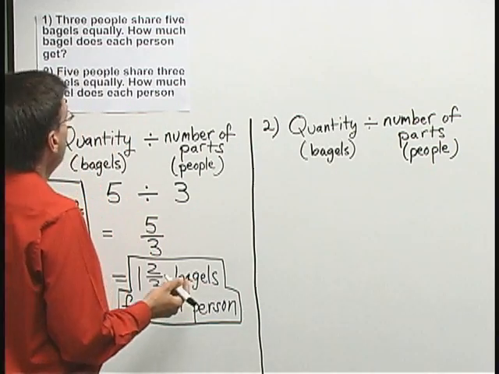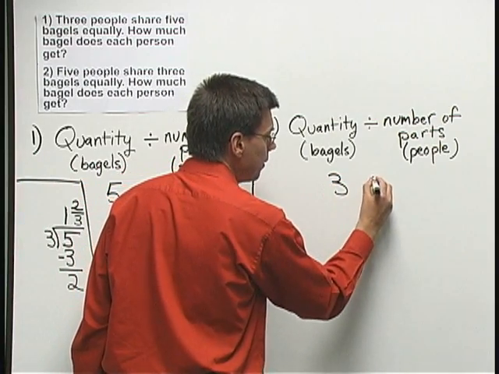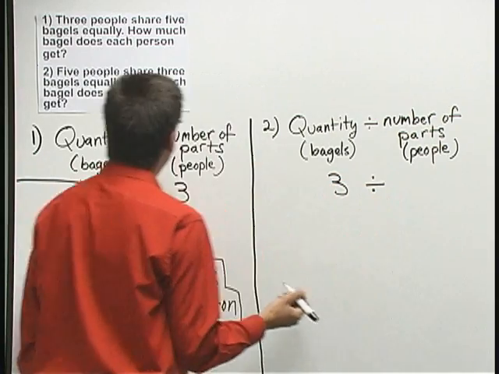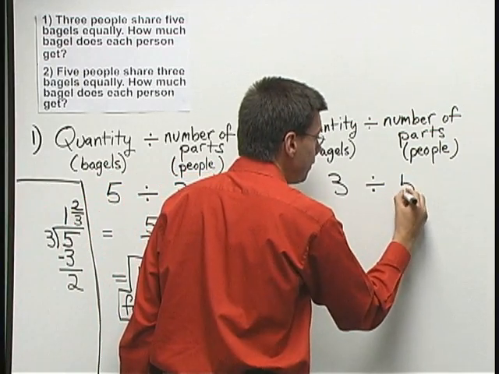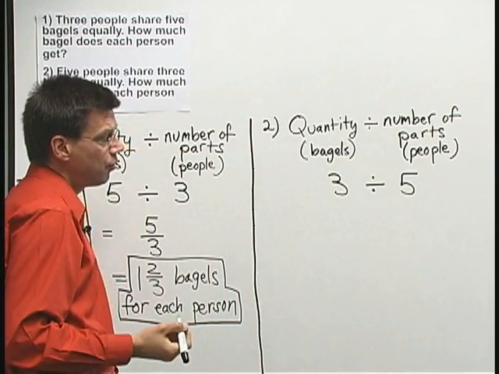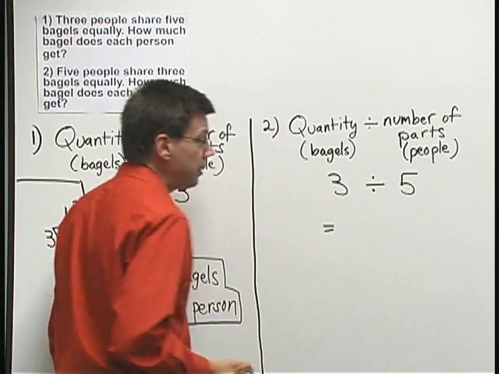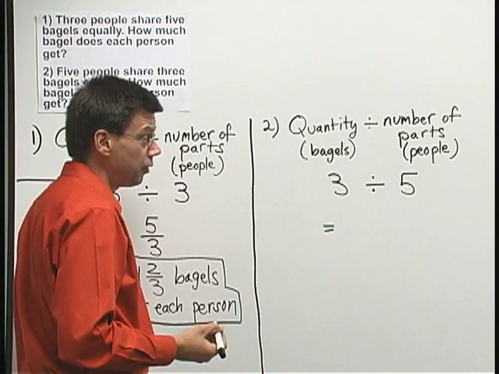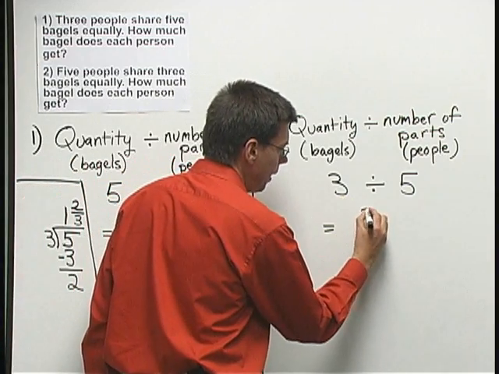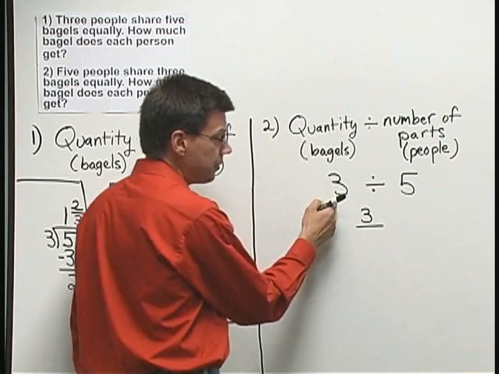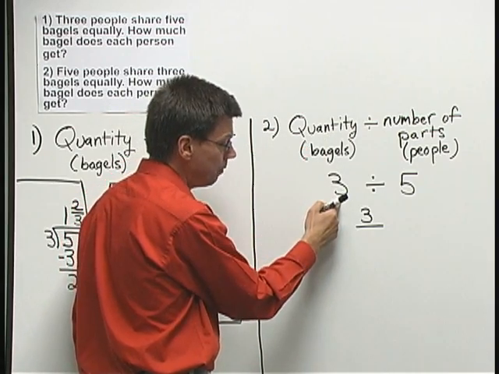In number 2, we were working with just 3 bagels divided by the number of parts is 5, that's the number of people. So 3 bagels divided by 5 can be written as a fraction, similar to what we did in number 1, but here the 3 goes on top in the fraction because the 3 represents the quantity, the first number in the division.